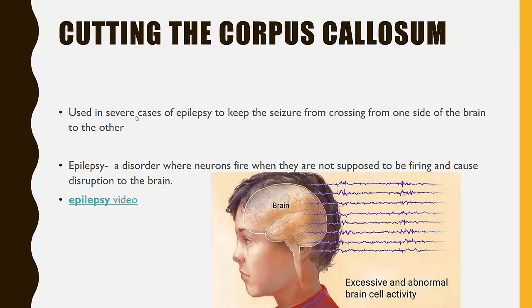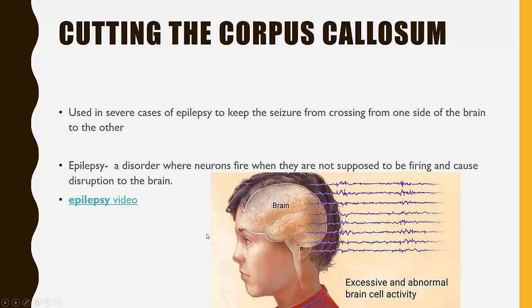By them firing out of sync, their action potentials transmit to other areas of the brain. And if the epileptic focus is large enough, then it can cause a grand mal seizure. There can be petit mal seizures where just a few neurons are being activated, and a grand mal seizure is the one that you probably have seen before, where they have convulsions and they shake and fall on the floor and so on and so forth.